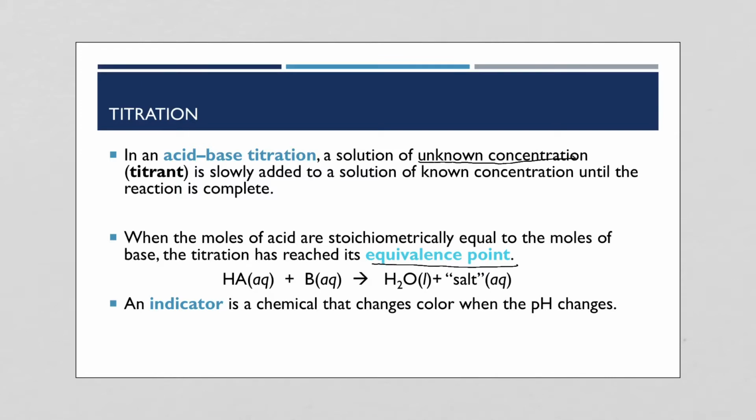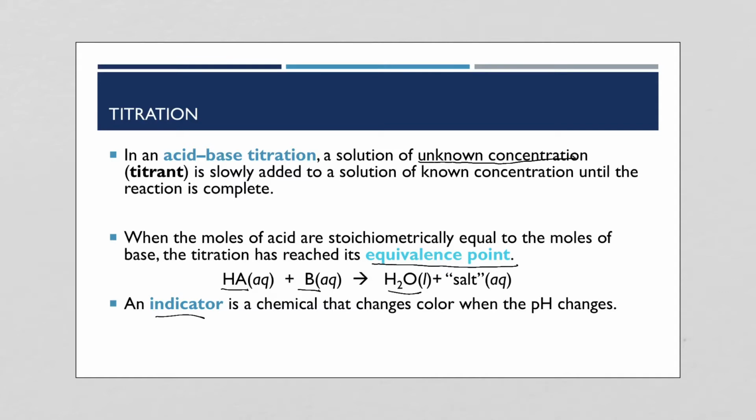So if we think about our reaction, we have our acid mixing with our base, and at the equivalence point, the only thing that's there is water and some ionic compound. So we got that idea: acid plus base gives you water plus a salt. It's a neutralization reaction that's taking place here.